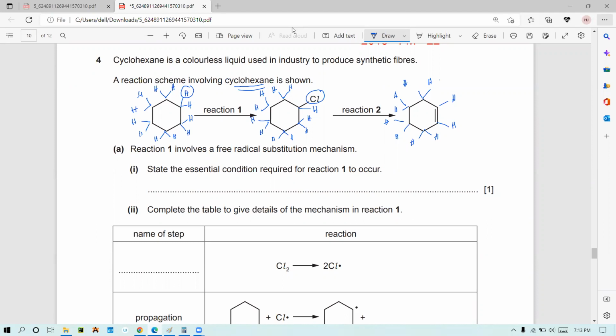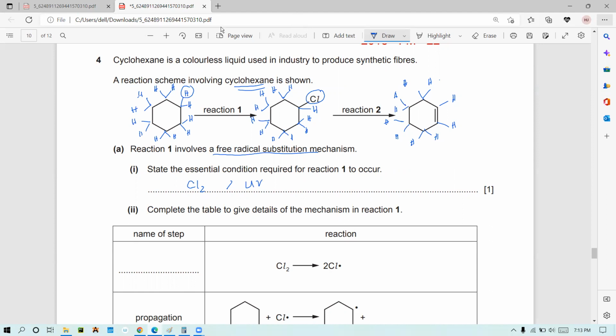Reaction 1 involves a free radical substitution reaction. State the essential conditions if it is an alkane undergoing free radical substitution. We have to have chlorine for this and UV radiation. If it's a bromine atom which is substituting here, there should be Br2 and UV.